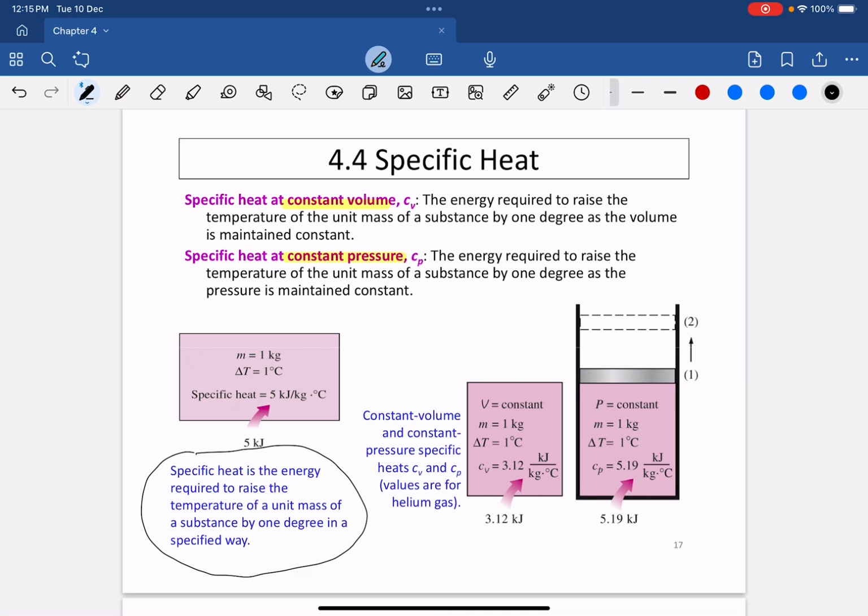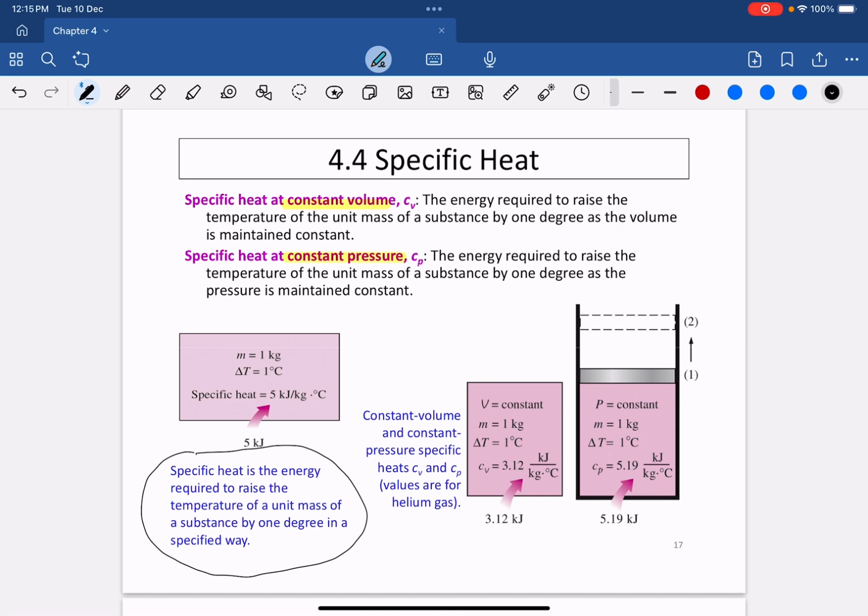For your information, there is always a difference in the amount of heat required depending on the system.